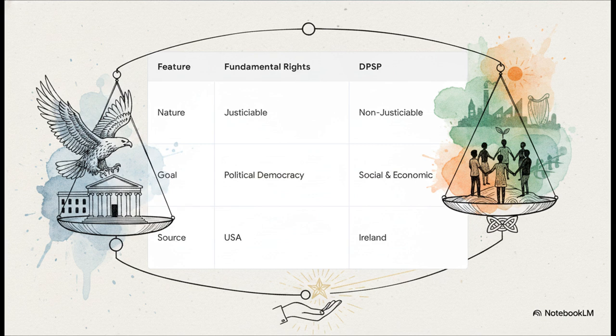On the flip side, we have the Directive Principles of State Policy, or DPSP. These are non-justiciable. Their goal is social and economic democracy, essentially promoting the welfare of the entire community. Inspired by Ireland, these principles act as a guide for the government when they're framing new policies. It's just a brilliant dichotomy, balancing individual freedom rights against collective welfare.